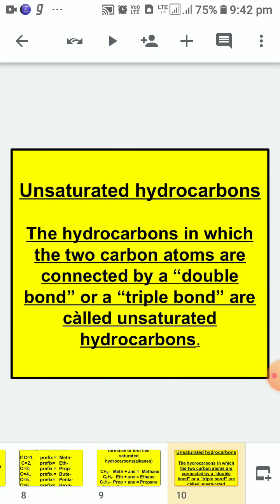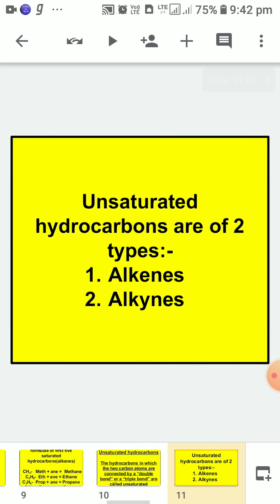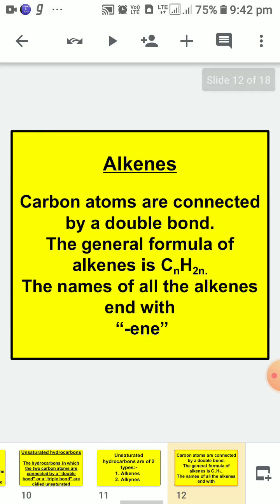Now we are moving towards the second topic, that is unsaturated hydrocarbons. The hydrocarbons in which two carbon atoms are connected by a double bond or a triple bond are called unsaturated hydrocarbons. Unsaturated hydrocarbons are of two types, alkenes and alkynes. Alkenes are the compounds in which carbon atoms are connected by a double bond.